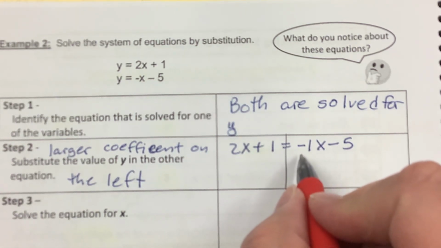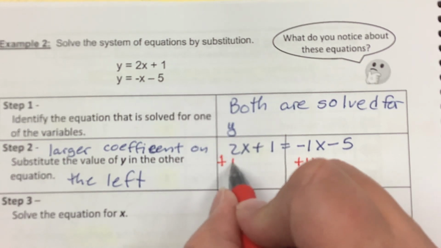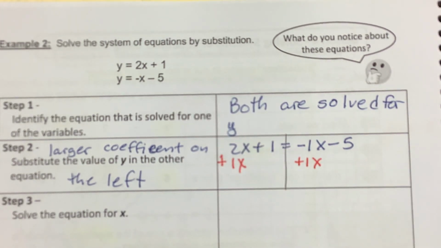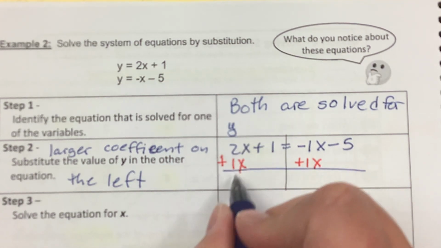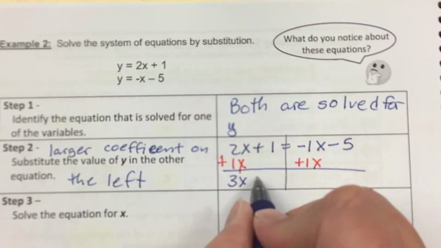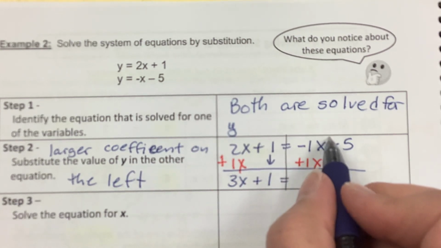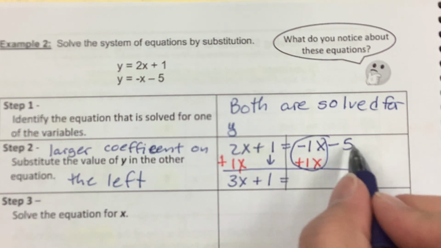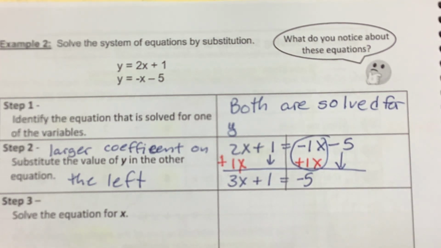The opposite of minus 1x is plus 1x. So I'm going to add 1x to both sides. 2x plus 1x, 3x, plus, bring down the 1, equals, negative 1 and positive 1 is 0. Bring down the negative 5. So 3x plus 1 equals negative 5.